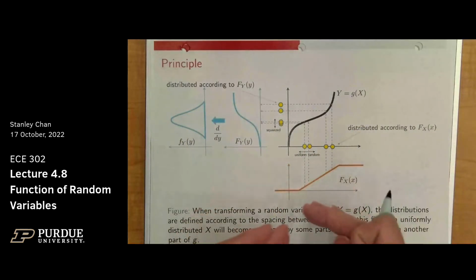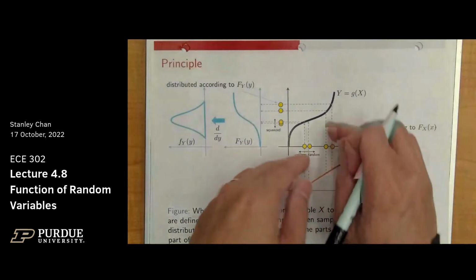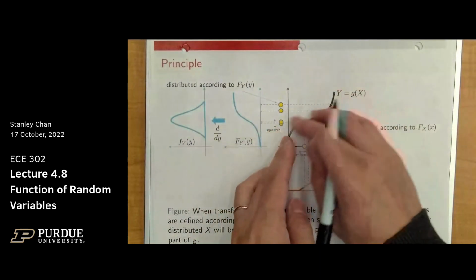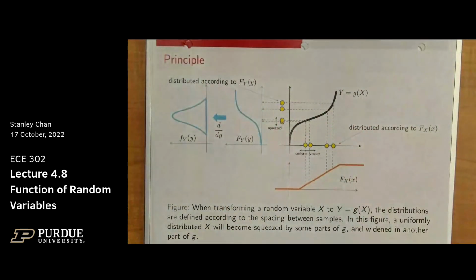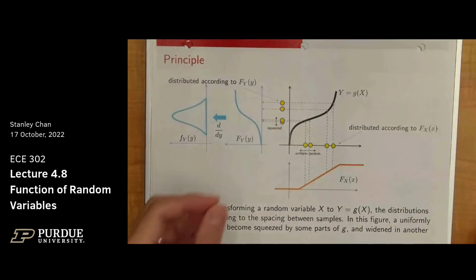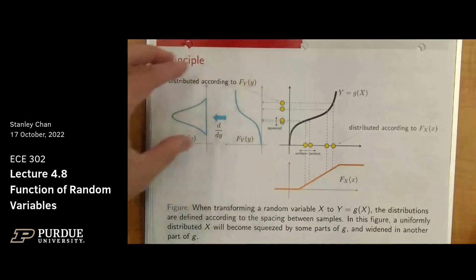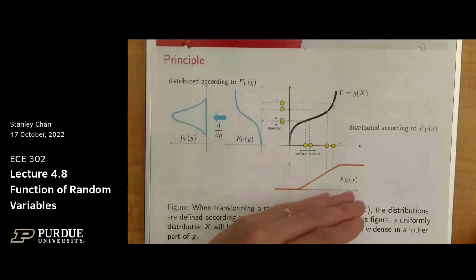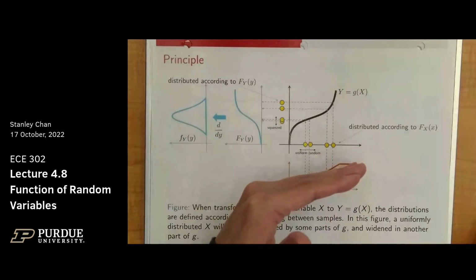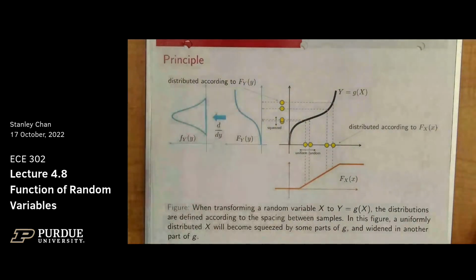Now you can of course replace this uniform CDF by another CDF. You start with this, and then you map it through this G function, and then you sort of squeeze and stretch the location of these random variables. And then you go to this CDF here, then you take the derivative and you get the PDF. So there is a mapping from the CDF to the new CDF to the PDF. So that is the general principle of how you can solve these problems.